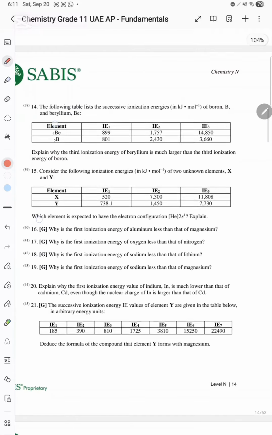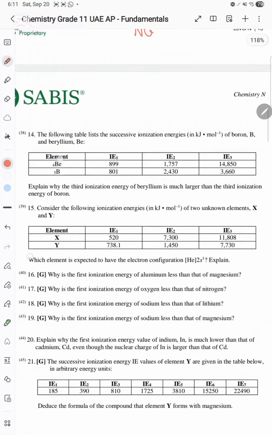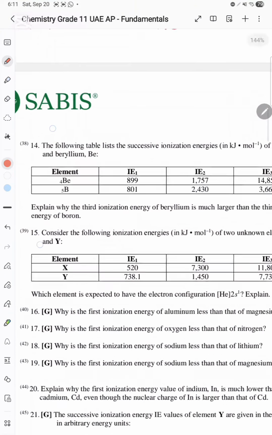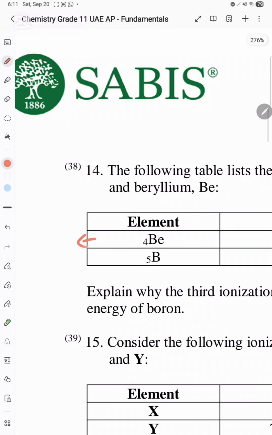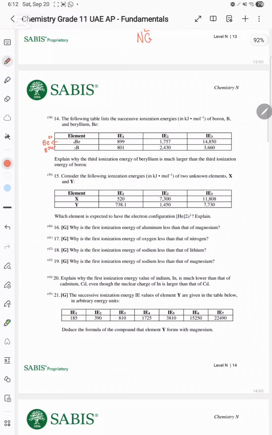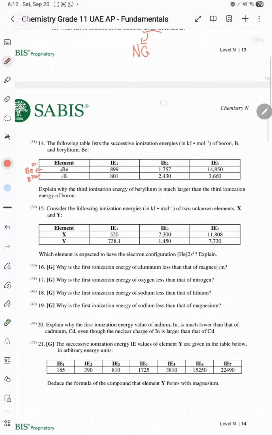Explain why the third ionization energy of beryllium is much larger than the third of boron. Beryllium is Be, in group 2, so it's Be2+, whereas boron is in group 3, B3+.